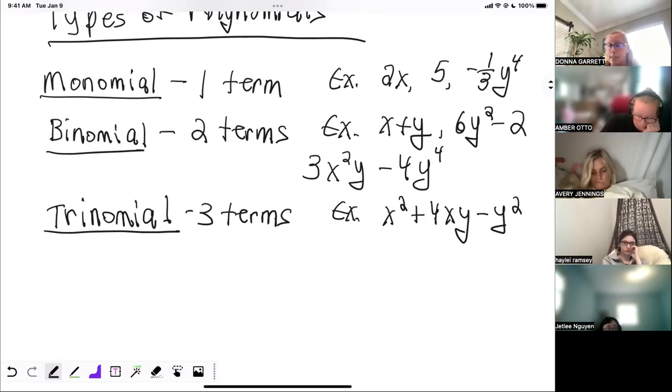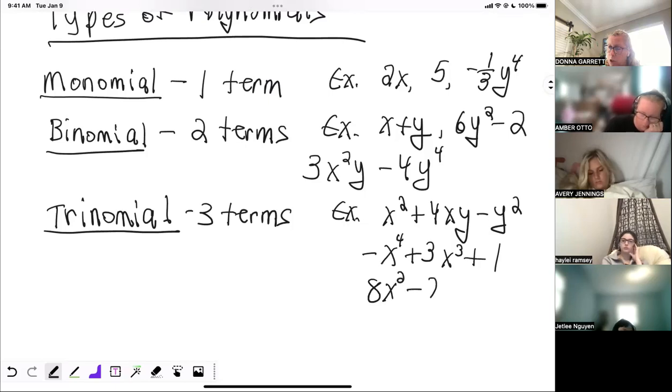I have a plus and a minus. It could be negative x to the fourth plus 3x to the third plus 1. Again, three terms. 8x squared minus 2x minus 14. Again, three terms, trinomial.